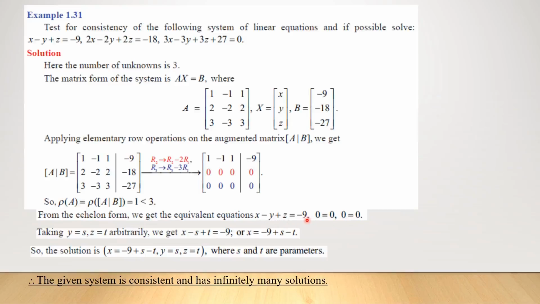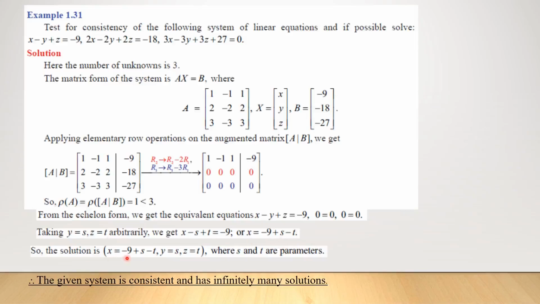So, we substitute any two variables as two arbitrary constants, and then find the remaining value based on these s and t values.